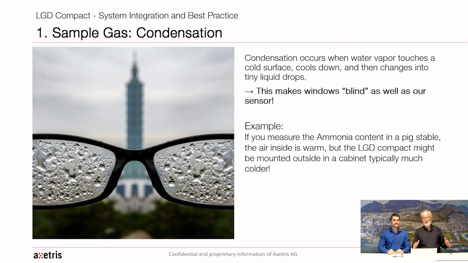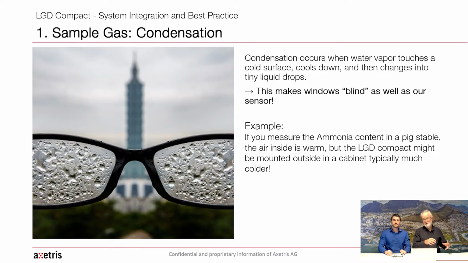We have two windows on our gas cell, and if they have condensed water drops on them, our sensor gets blind as well. One example from applications. Some people want to measure the ammonia in a pig stable. And typically inside the pig stable, the air is warm and very humid, and there is some ammonia.